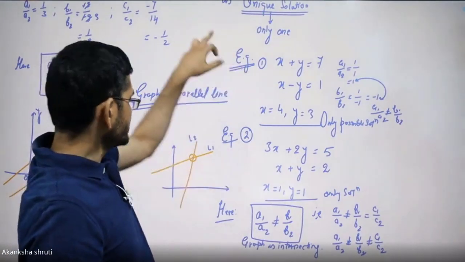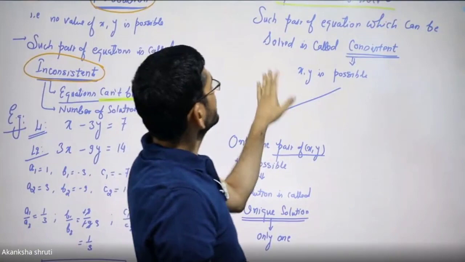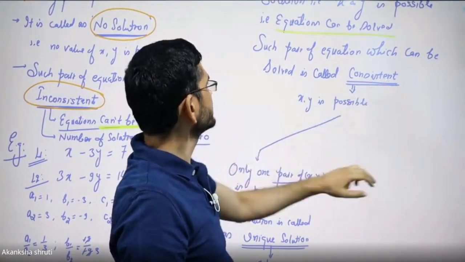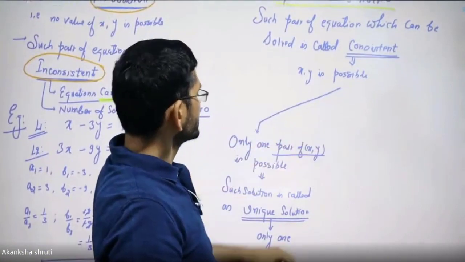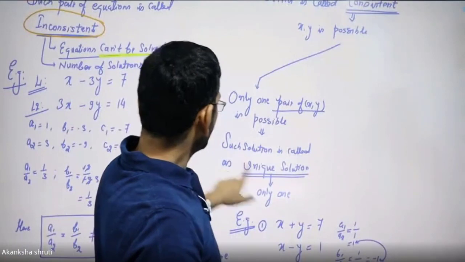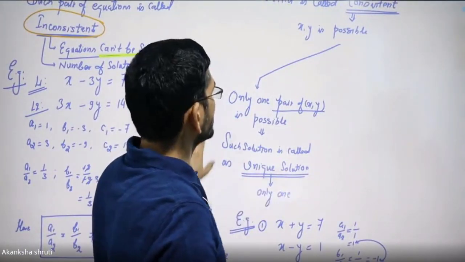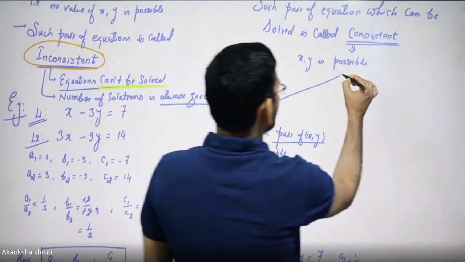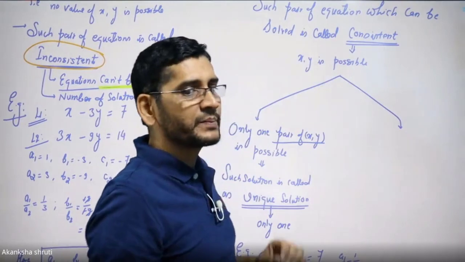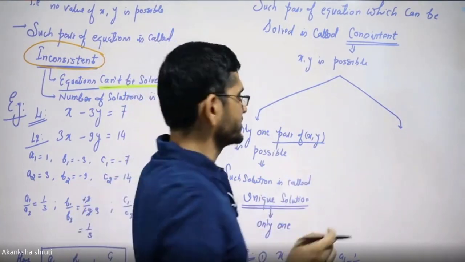Now the third situation and the last one. So here we are getting that for consistent equations, if only one pair of x and y is possible, then it is called a unique solution. And it may be possible that more than one pair of x and y, or infinite pairs of x and y, is possible.